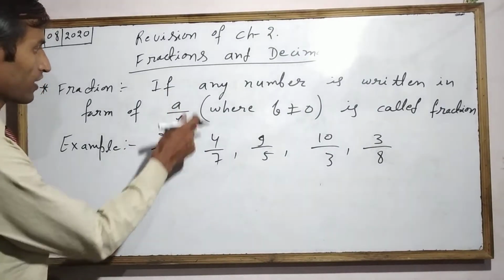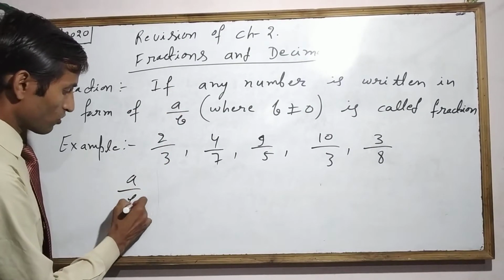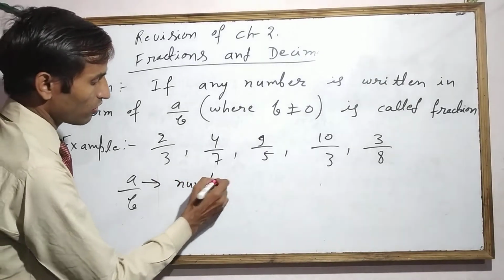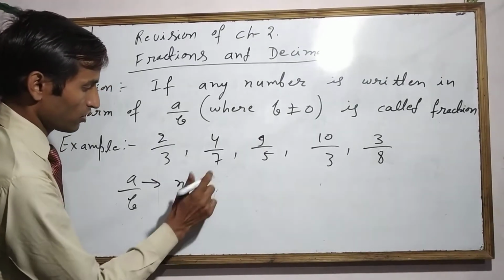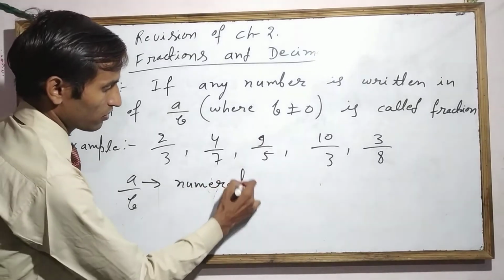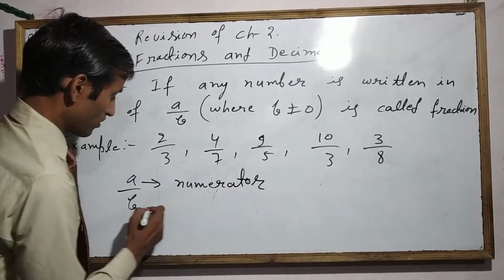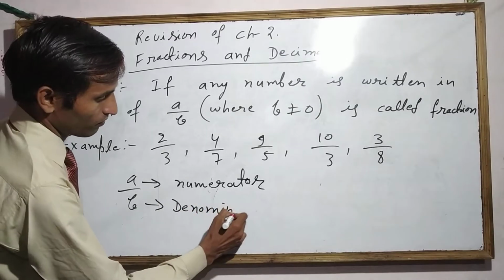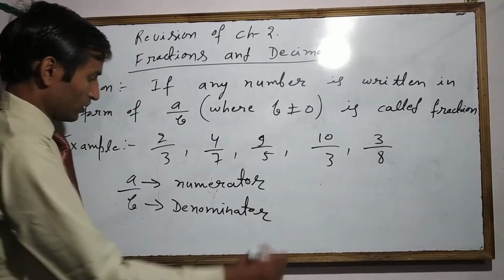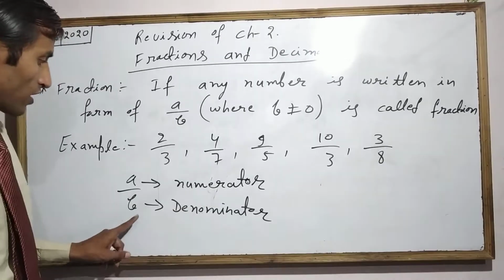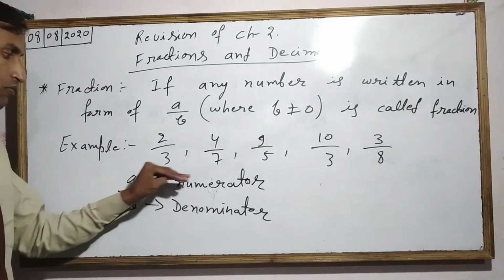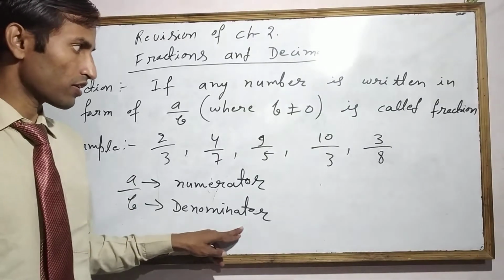If we write a upon b, then a, the upper part, is called the numerator of the fraction, and b is the denominator of the fraction. So upper we call numerator and lower will be denominator.